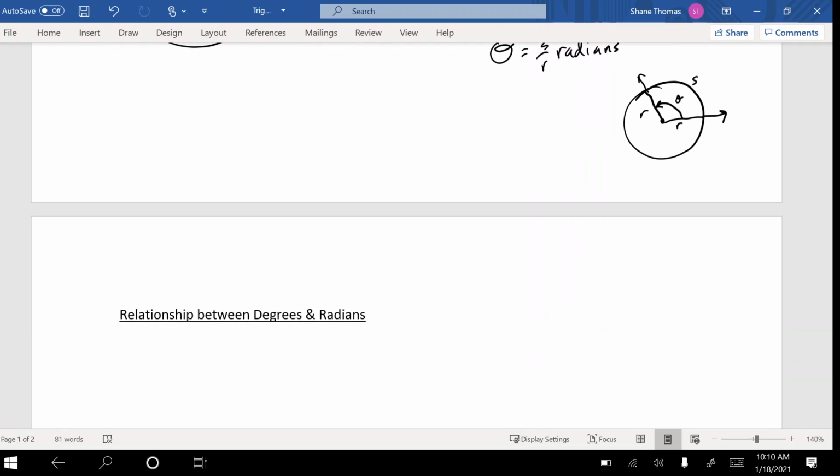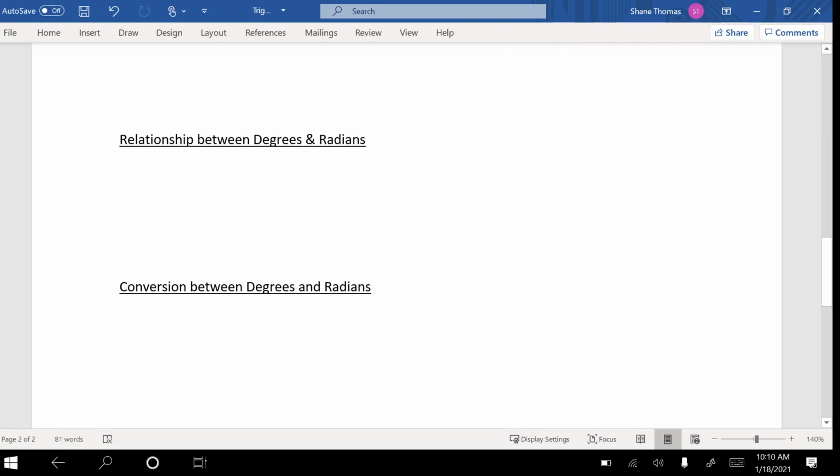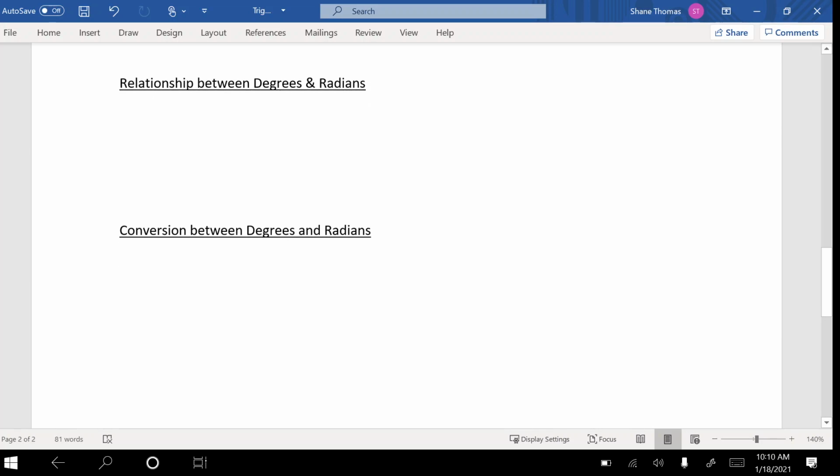All right. So the first thing we have to see is we know degrees. Degrees is a given. We want to know how that relates to radians. That's the easiest way to look at this. Just relate it to what we know already. If I have one full rotation, how many degrees is that?